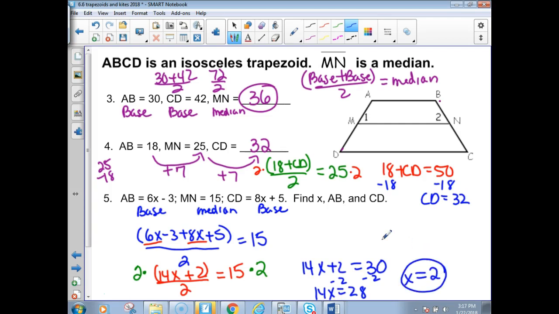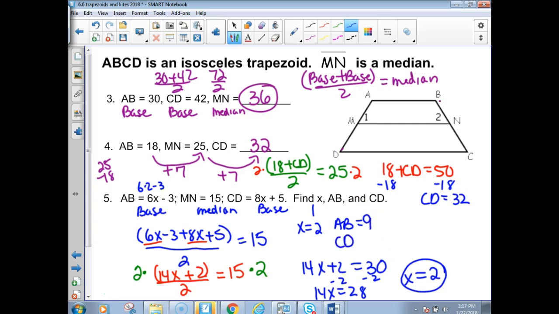Now, that's not all they wanted. They said, what's x? Well, we got x is 2. Then it wants AB. We'd have to plug 2 back in. 6 times 2 minus 3 is 12 minus 3, and that's 9.